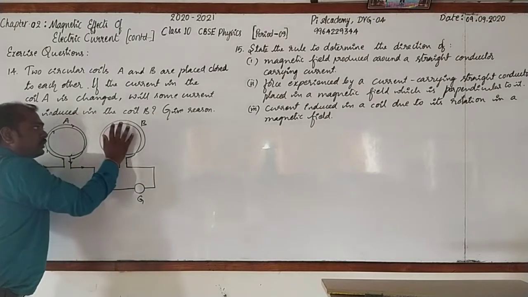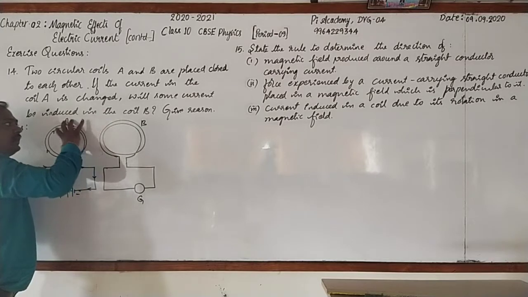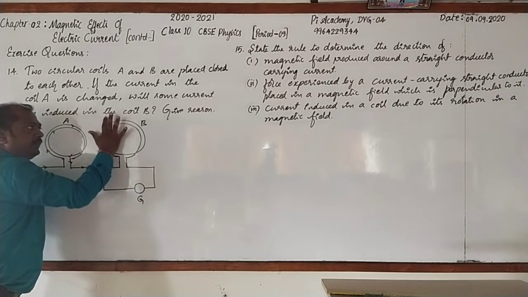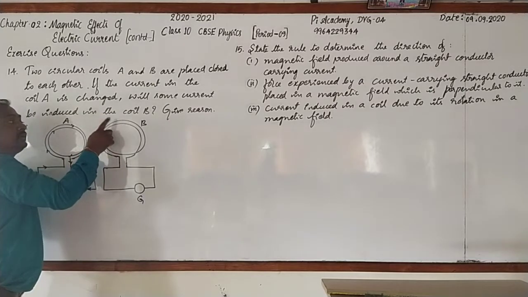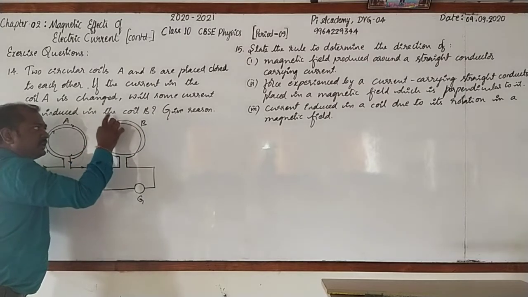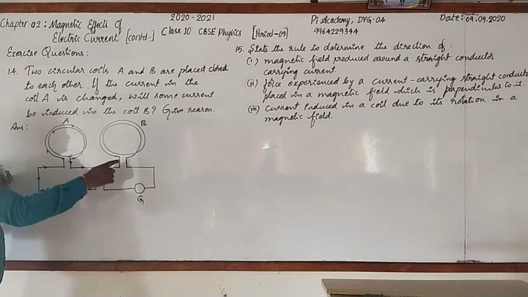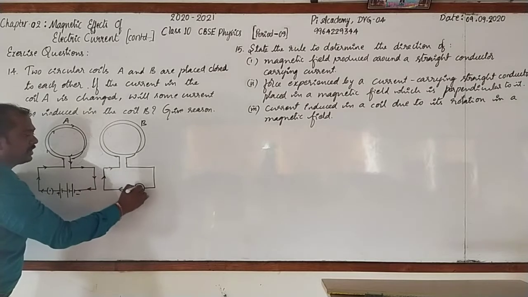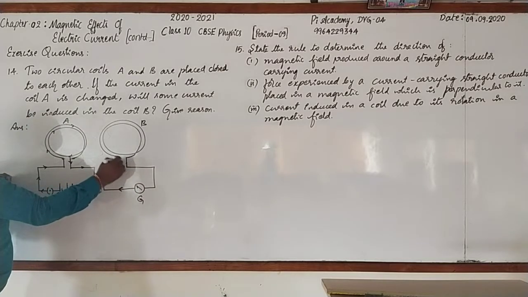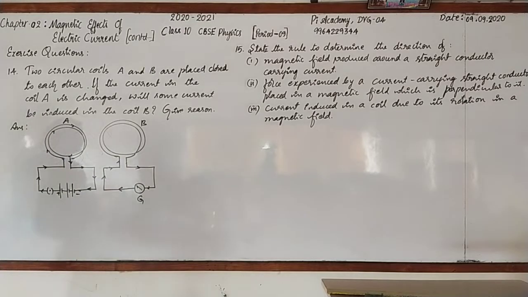Then as the coil B is in the magnetic field of coil A, the magnetic field linking with the coil B gets changed. As there is a change in the magnetic field, current is induced in the coil B. Followed? Yes. Now, current is flowing in the coil B. Hope that you have understood.